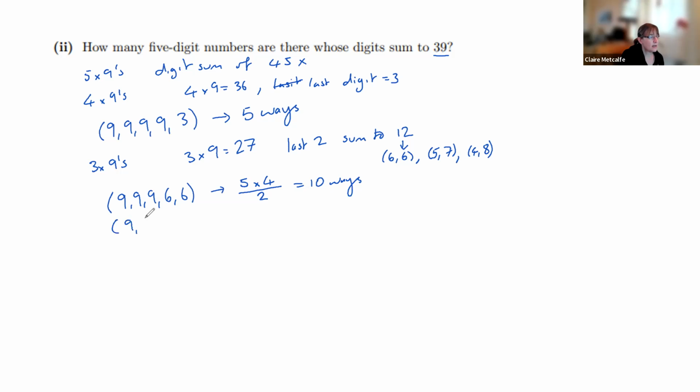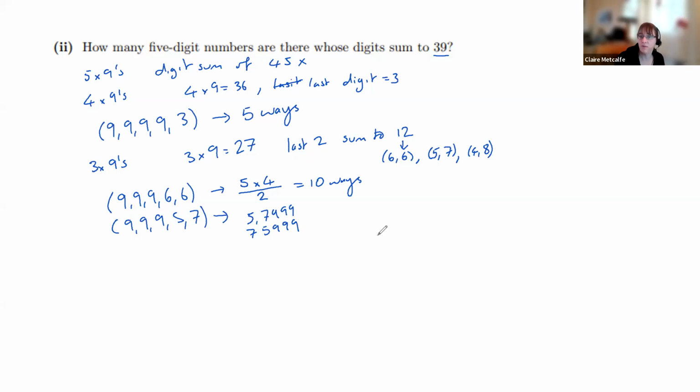9, 9, 9, 5, 7. We don't need to worry about the double counting. There are 5 different places in which you can put the digit 5. There are then 4 places in which you can put the digit 7. But in this case, if we put a 5 first and a 7 second, that is going to be different to if you put the 7 first and then the 5 second.